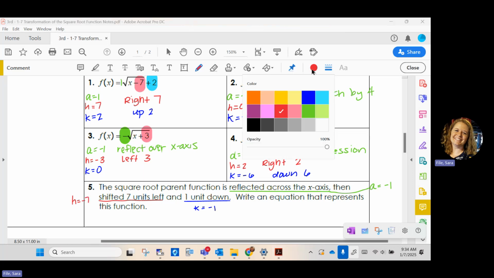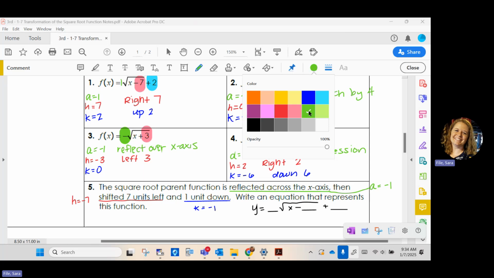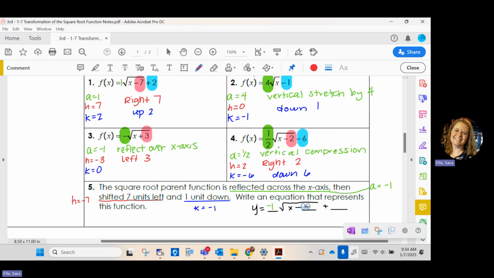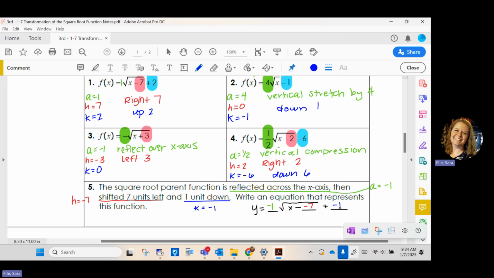But remember, when I go to plug this in, we have A and the square root of x minus H plus K. So when we plug these values in, A is -1, H is -7, K is -1.